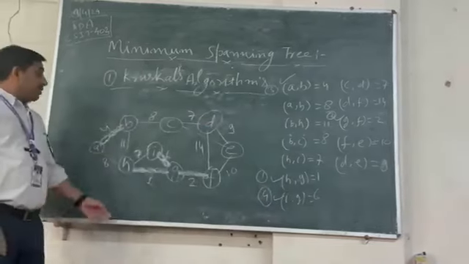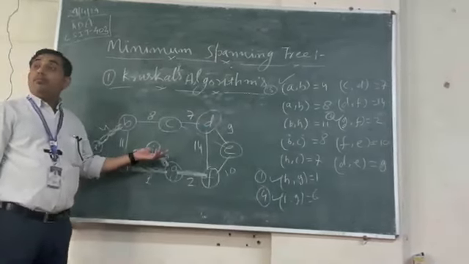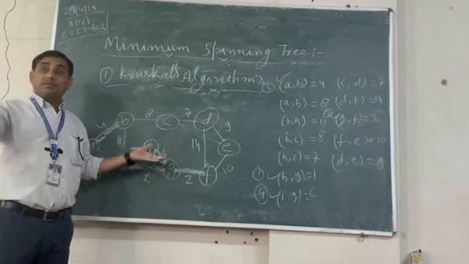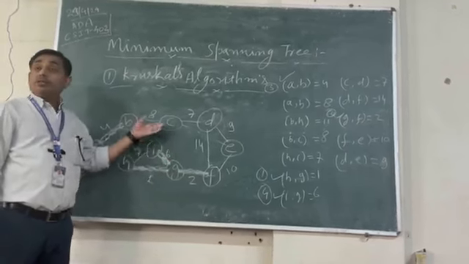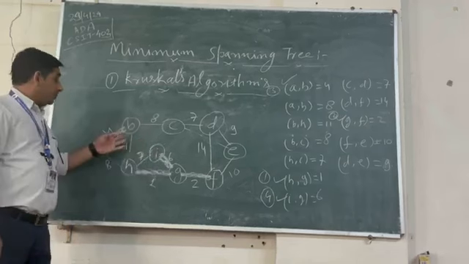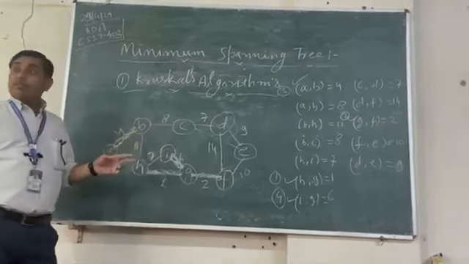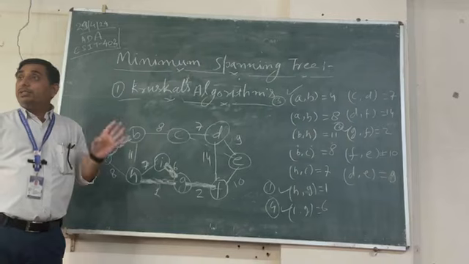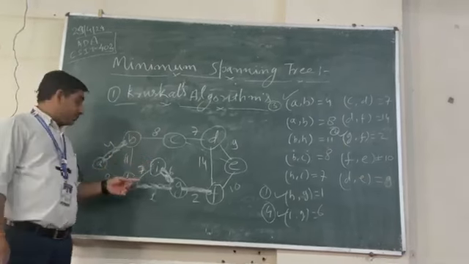The next step is to find the minimum edge between two vertices. Which one is the minimum? 7 is minimum, but there are 7s present here.